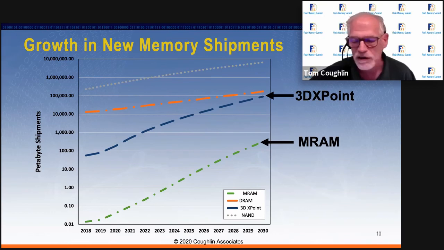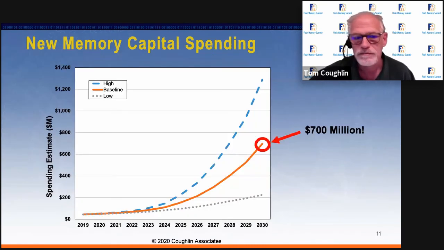Assumptions behind the chart are that embedded MRAM replaces most SoC, NOR, and SRAM, and that MRAM has strong appeal for AI applications. And of course, 3D XPoint is being driven by server and storage system applications. Note that MRAM shipment growth in this chart includes both standalone as well as embedded MRAM technology.